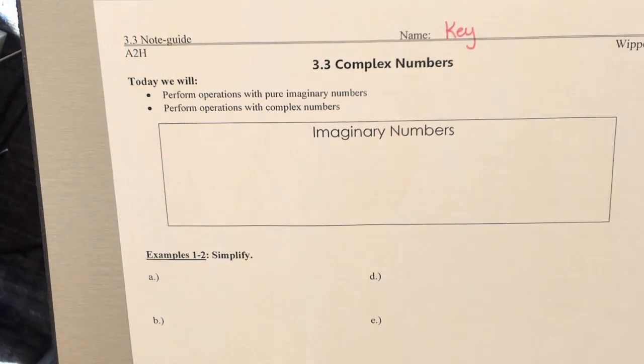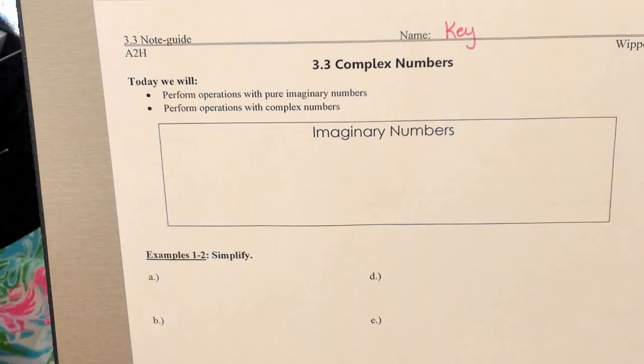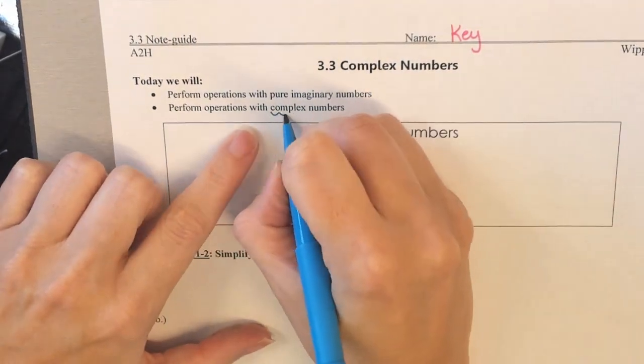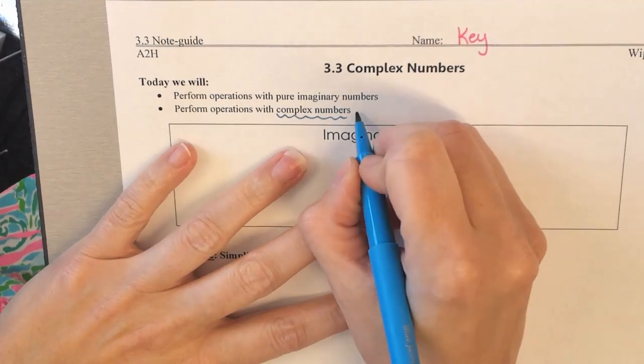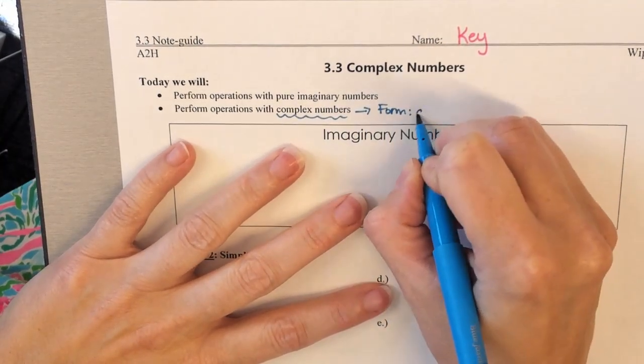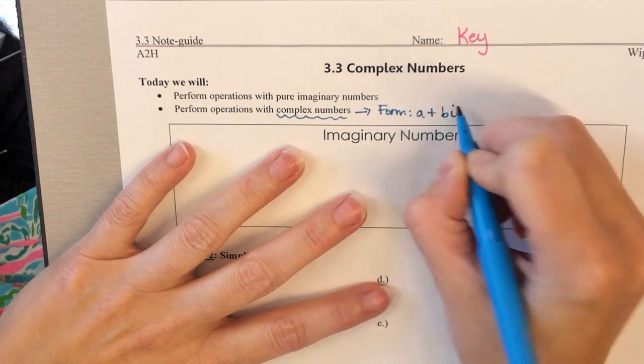Okay, so we're going to perform operations with pure imaginary numbers, and a pure imaginary number has a certain form, and then a complex number has a certain form. The form of a complex number is A plus BI.